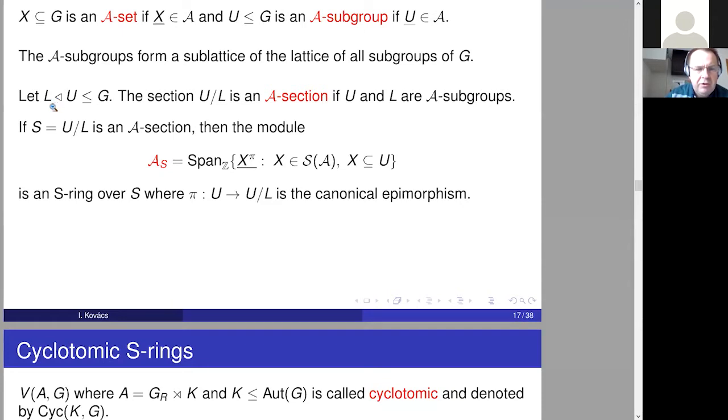If you have a subgroup U containing a normal subgroup L, then we say that the section is an A-section if both U and L are A-subgroups. And whenever we have an A-section, it's possible to define an S-ring on the section in such a way that we take the projections of all the basic sets contained in U under the canonical epimorphism.